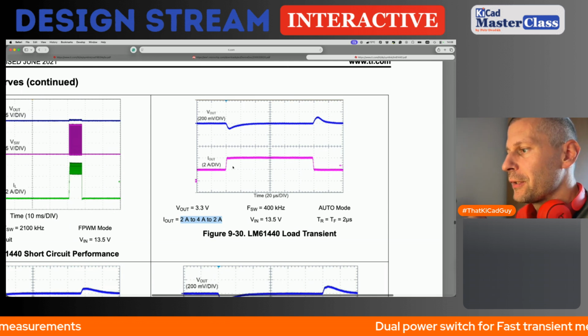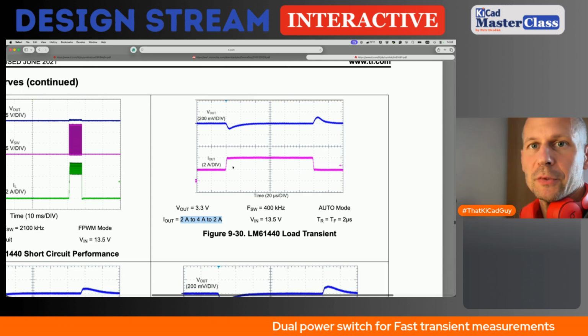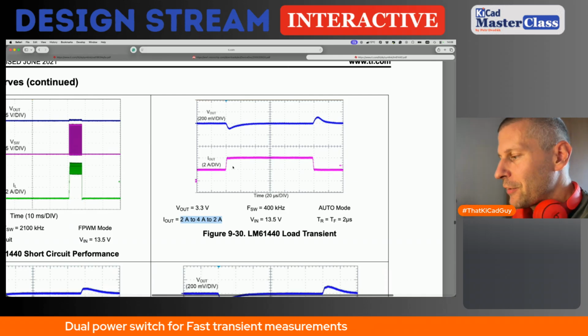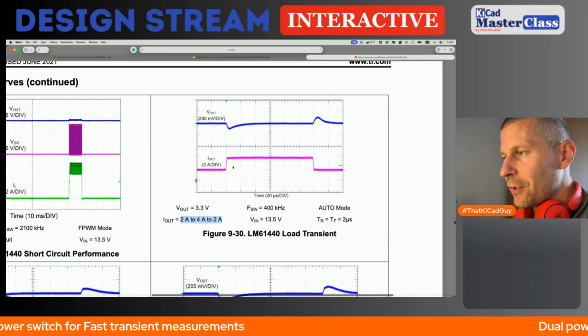I suppose there will be some tuning of the feedback network on the PCB, on the buck converter.